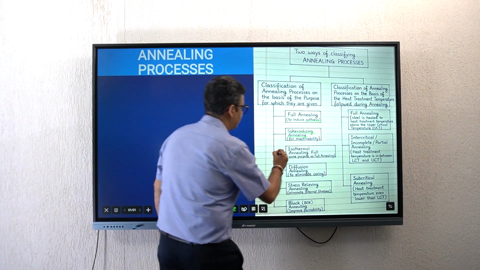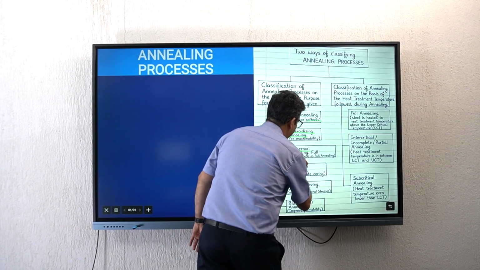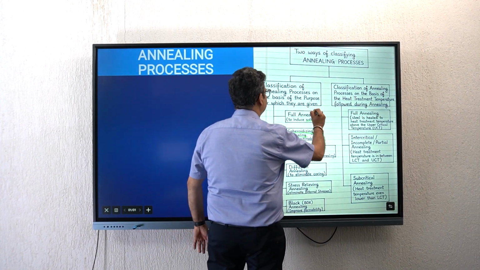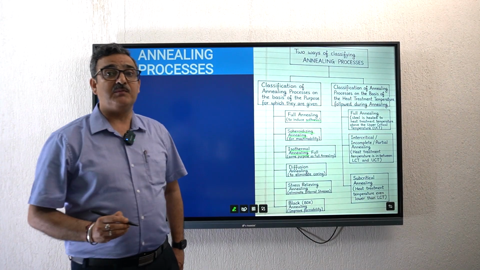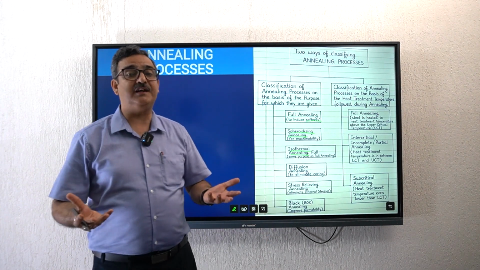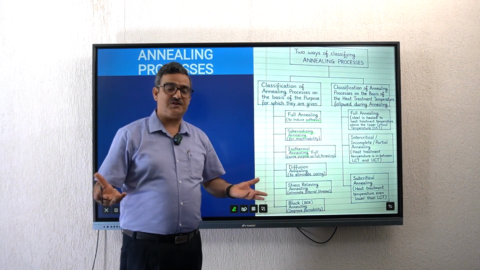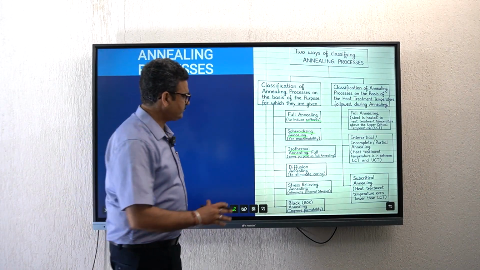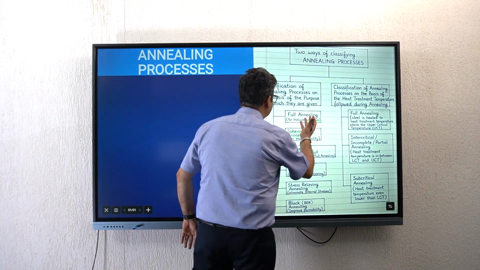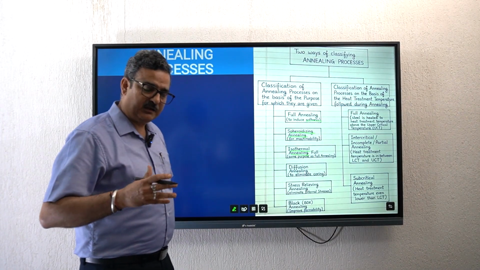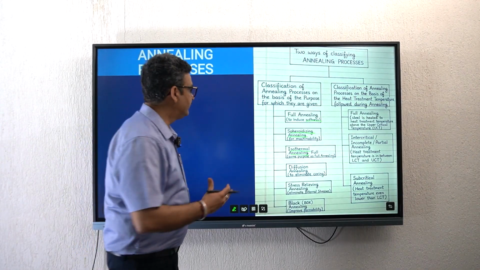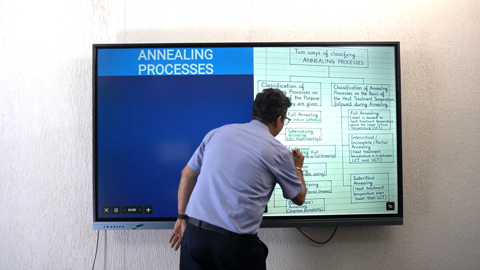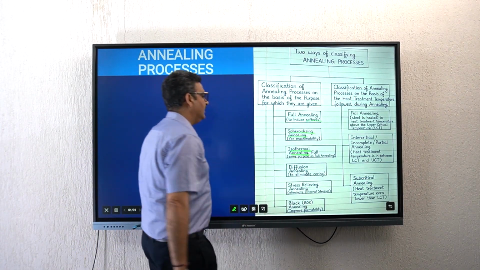Then we have another process which is called isothermal annealing, because full annealing is a good process, but it has some limitations. The amount of time that it takes to complete is very, very large, so very low productivity. So in order to improve upon this productivity angle, make the process quicker, more productive, instead of full annealing, you can go in for isothermal annealing.